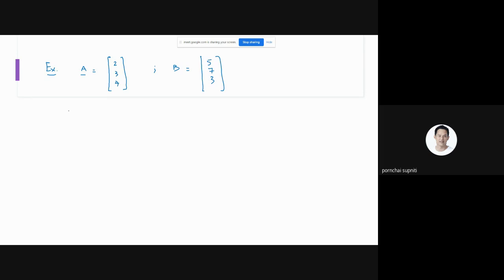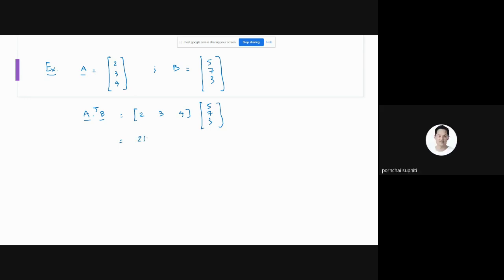Thirawit, can you multiply A transpose with B? What is A transpose? 2, 3, 4. How about B? It's 5, 7, 3, right? So what do we get as a result? 43.